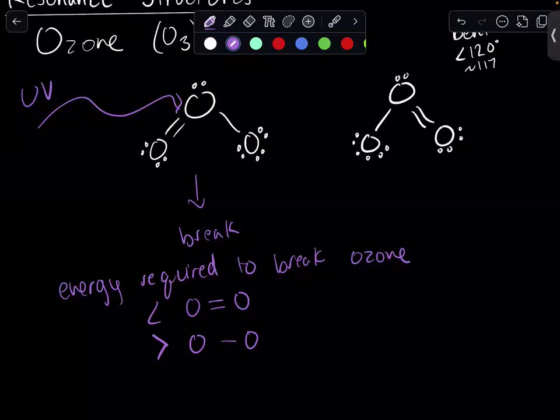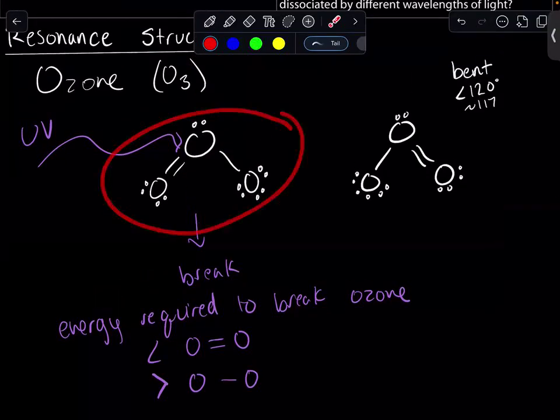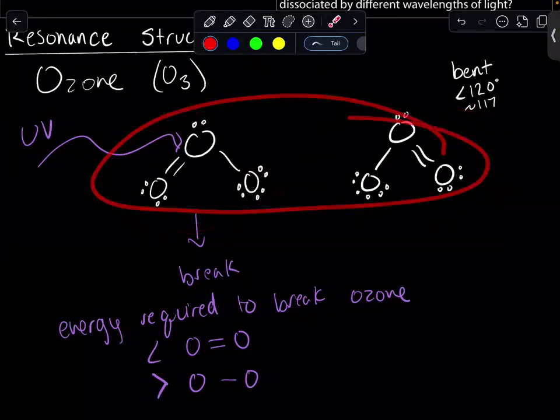So it takes more than what's required here, but less than what's required here. And so scientists struggled to figure out how that's possible. So it turns out that when we draw oxygen in these two possible ways, these actually imply this idea called resonance.